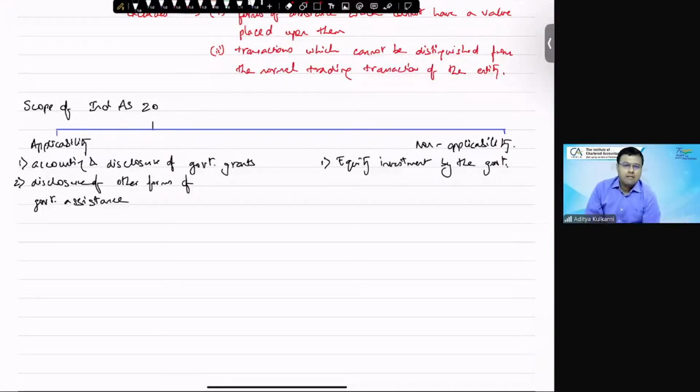Can anybody tell me any one entity where the government has made an investment? Yes. And what are they called? Where the government has made an investment? Yes. Very simple. So many are there.